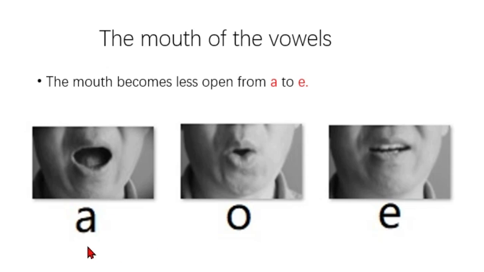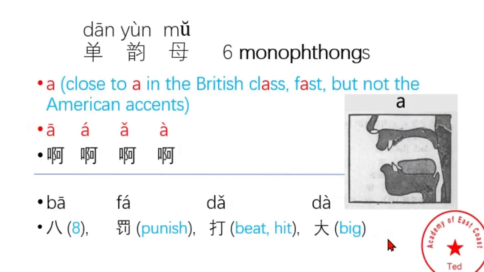Just because the mouth becomes less open from a to o to e. Let's come to the first vowel, the first 韵母 a. It's an easy one. This a is very close to the letter A in the British class and fast. Make sure not the American accent.